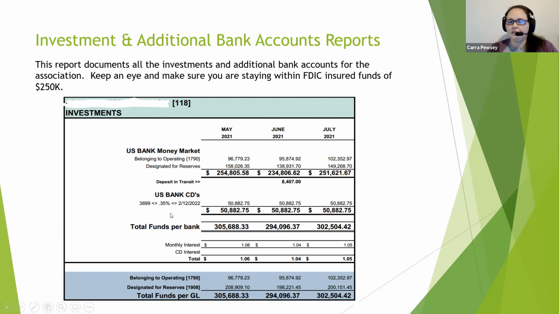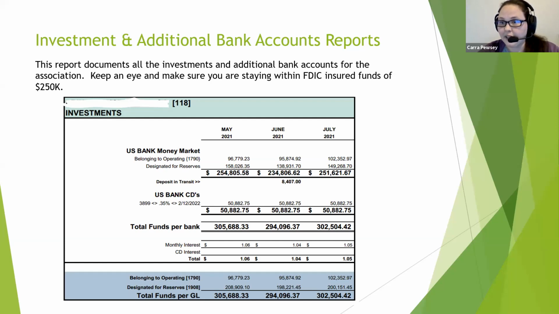So this association is over FDIC. FDIC for a bank is $250,000. So US Bank would be all US Bank accounts for that association. That means your checking account, your money market, and this particular association has a CD with US Bank.